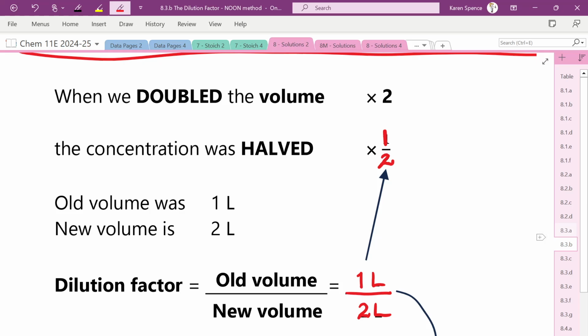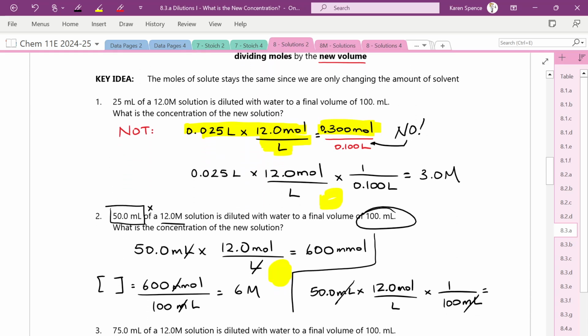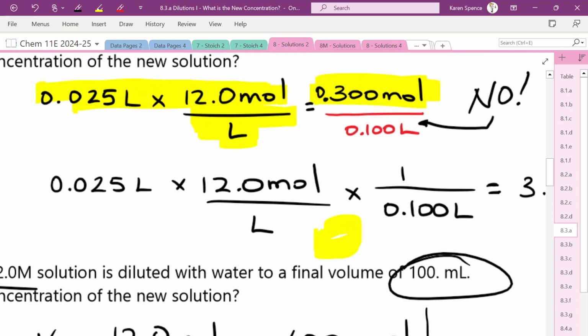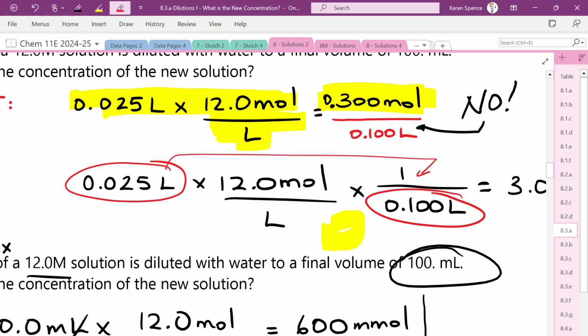And if we go back to 8.3a and take a look at the work here, we started with 0.25 liters and we finished with 0.1 liters. So we have 0.025 over 1. But now we're putting those two together, just like we're putting this one up here instead of having it separately. Okay?